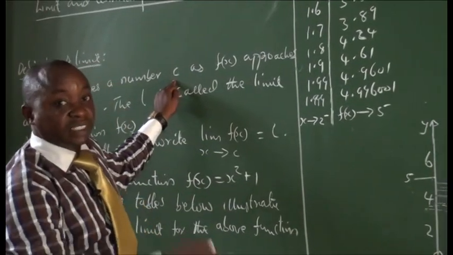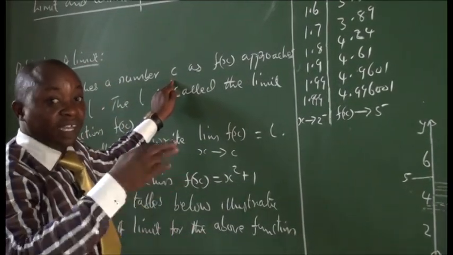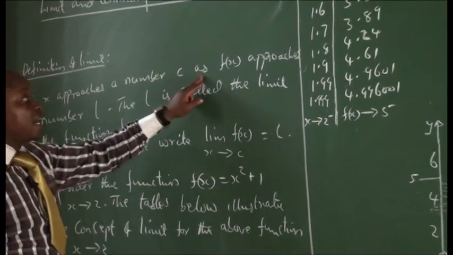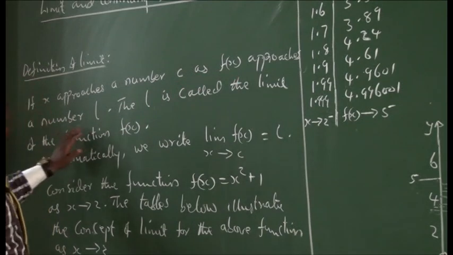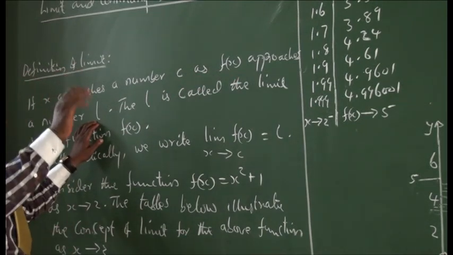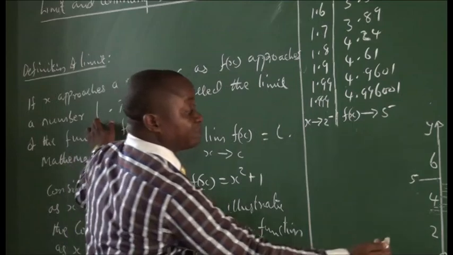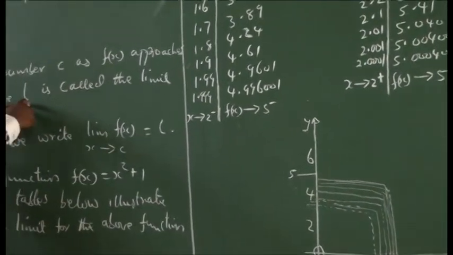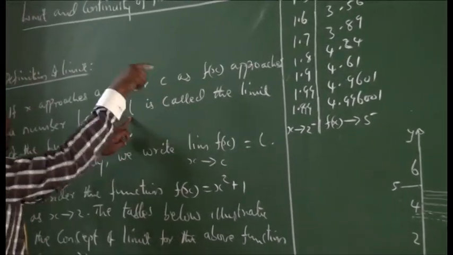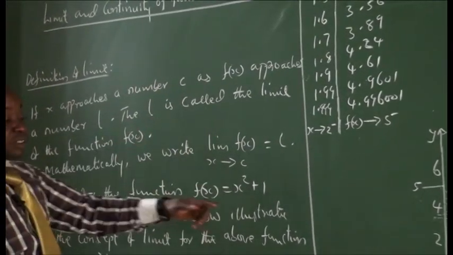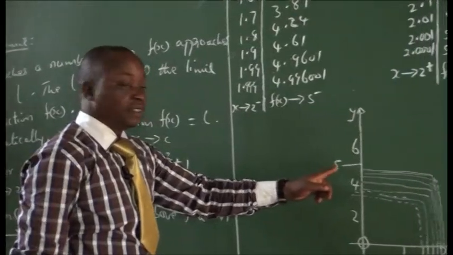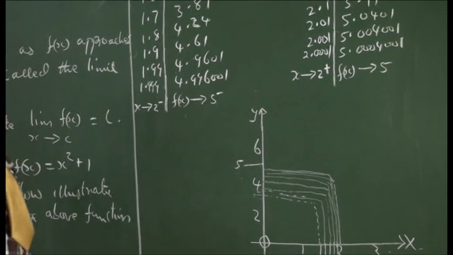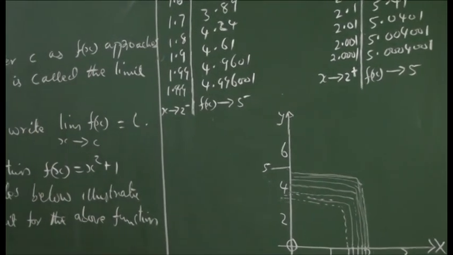So we will not say if x approaches a number 2, no. But if x approaches a number c, c stands for any number, as f of x approaches a number L, in this context, f of x approaches a number 5. The L is called the limit of the function. So in this context, this 5 is called the limit of the function.